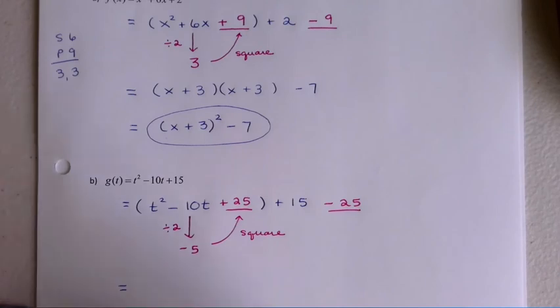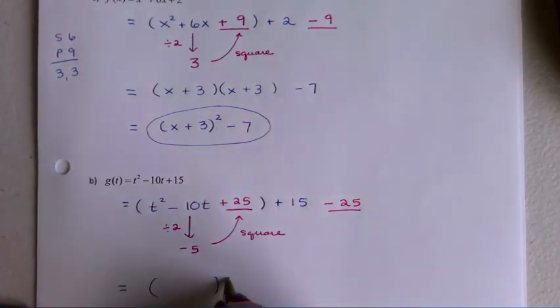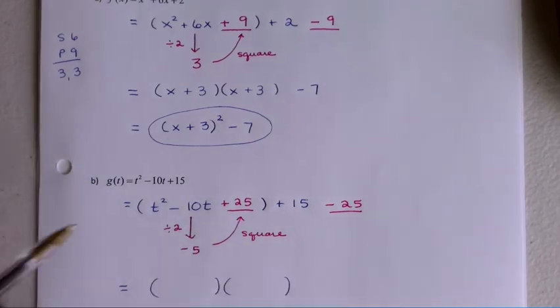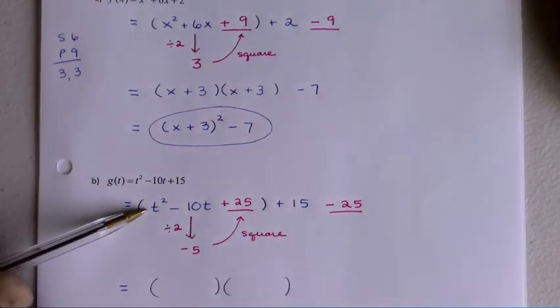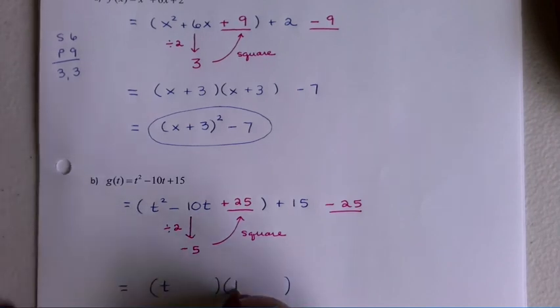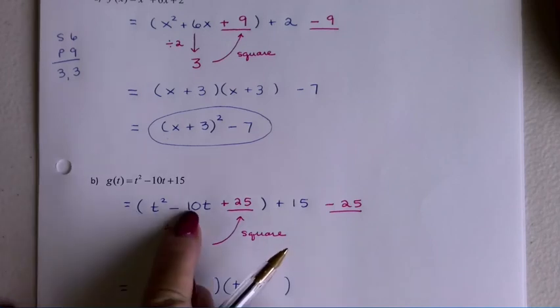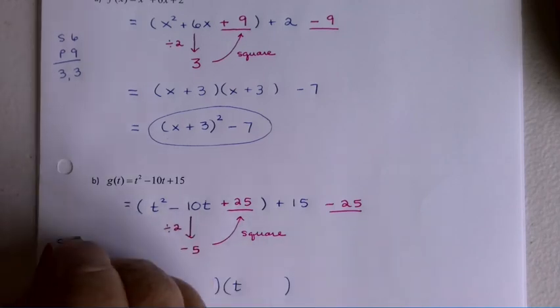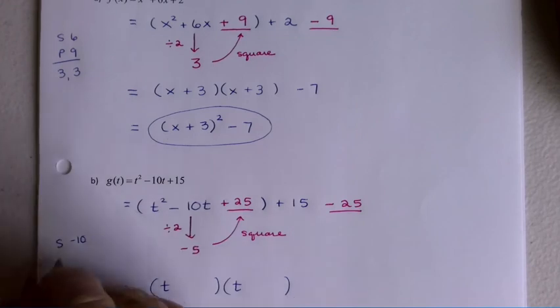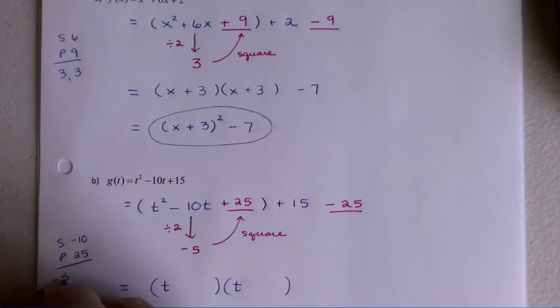All right, I now want to factor the trinomial that's in the parentheses. And again, for our purposes, we'll always have just a 1 as our leading coefficient. So 1t squared has to start as t times t. And then I'd be looking for a sum of negative 10 and a product of 25. And I'm thinking negative 5 and negative 5.